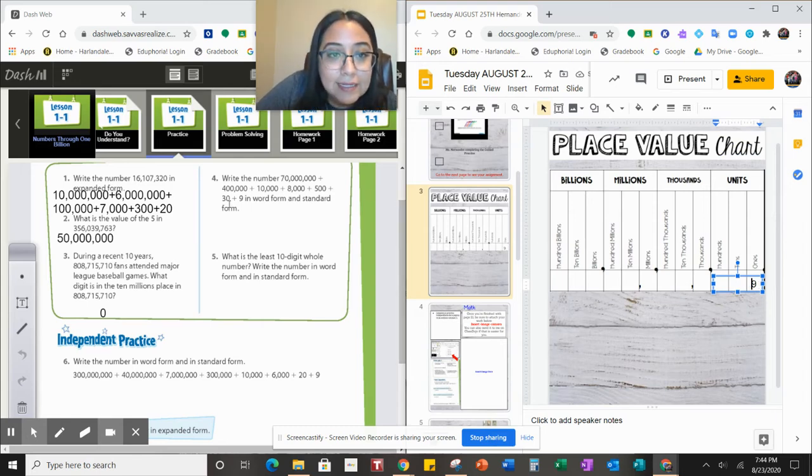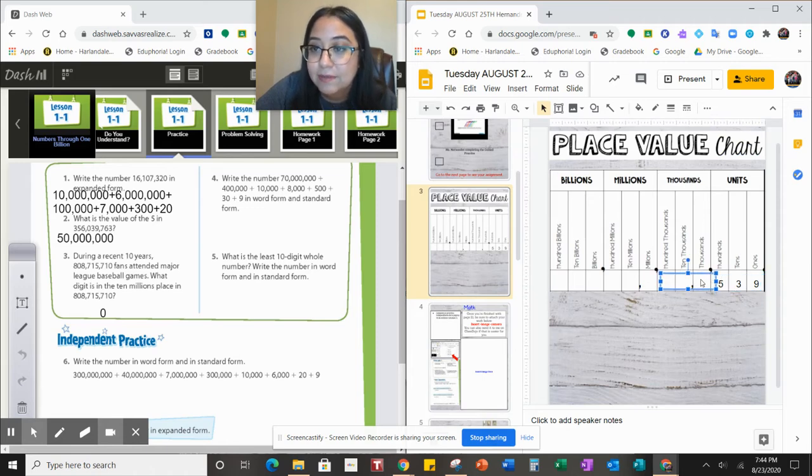And then it has a 30, so I know that that 3 is in the tens place. And then going backwards, it's 500, so 5 in the hundreds place. And then we have 8,000, so that's 8 in the thousands place.